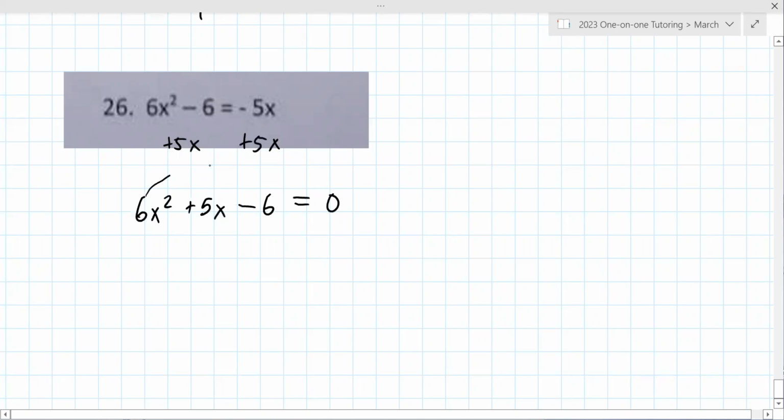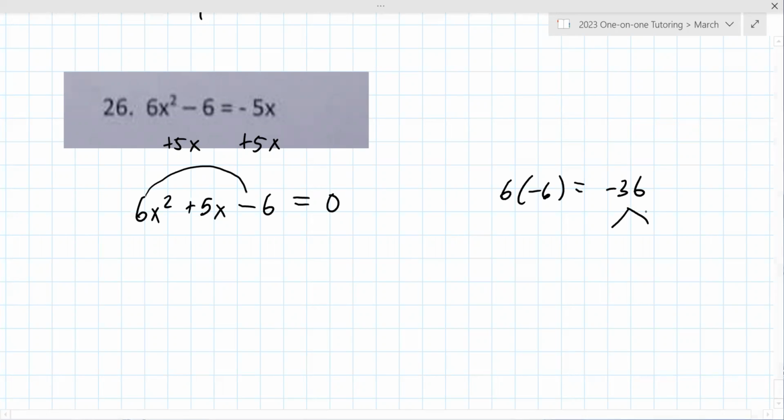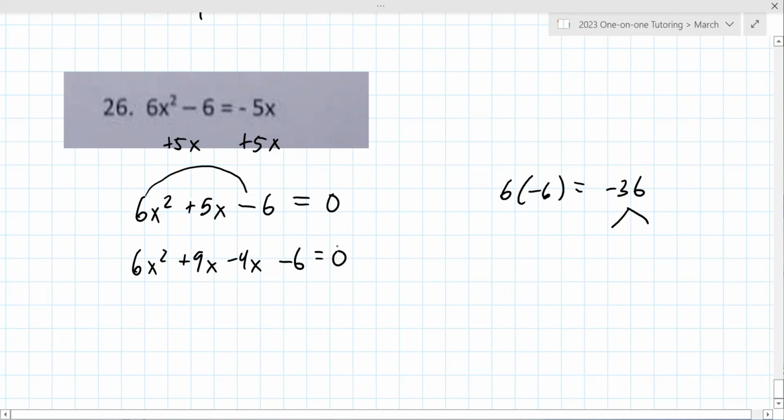This is that form where you have to multiply that first number and that last number. Now you want two numbers that multiply to negative 36 but add to 5. So that's going to be 4 and 9, where one's negative and one's positive. So it's going to be 6x squared plus 9x minus 4x minus 6 equals 0.